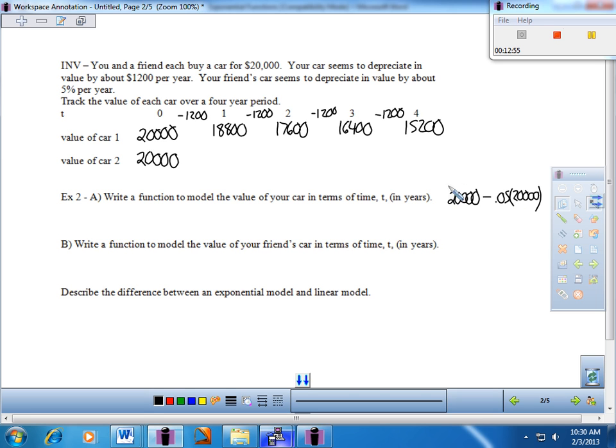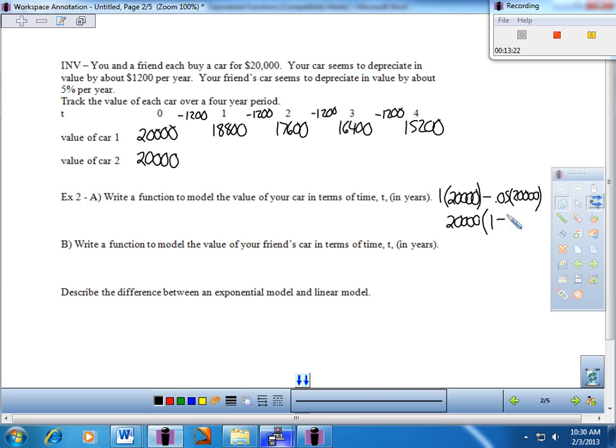Now, like I did before, everyone, I'm going to tuck a little 1 right out in front there just for good measure. And I'm going to go GCF on this thing. It's time to factor out with those two terms. I'm going to take out a 20 grand. And when I take out 20,000, interestingly enough, in my parentheses I'm left with a 1. Now here's the key.